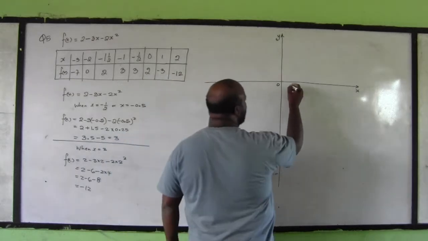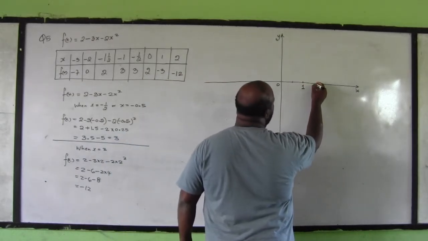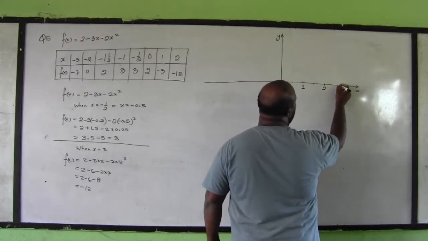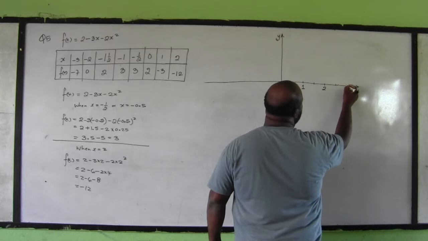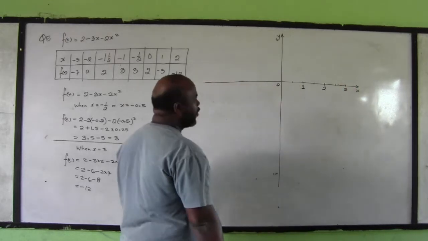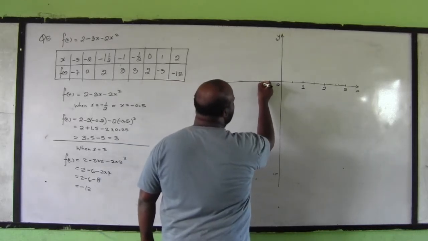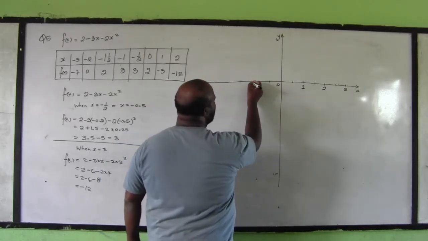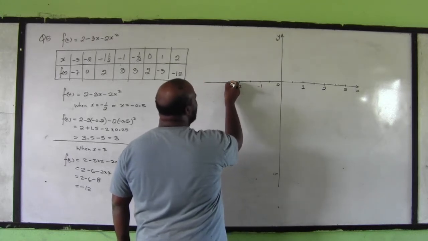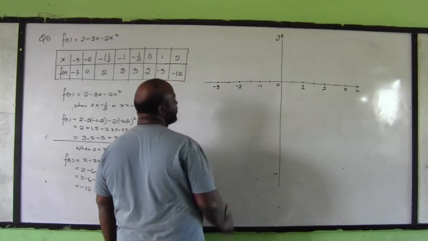So 1 centimeter, 2 centimeters, 1. 1 centimeter, 2 centimeters, 2. 1 centimeter, 2 centimeters, 3. Over here, 1 centimeter, 2 centimeters, minus 1. 1 centimeter, 2 centimeters, minus 2. 1 centimeter, 2 centimeters, minus 3.